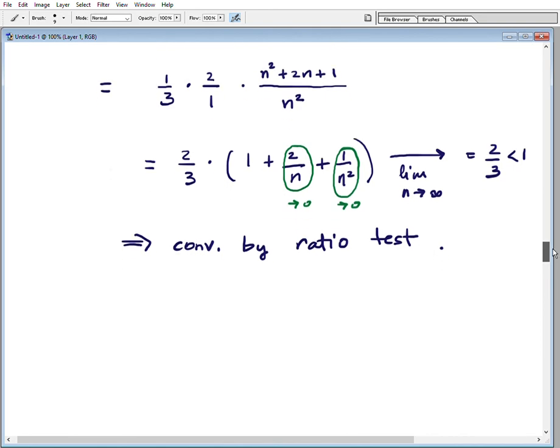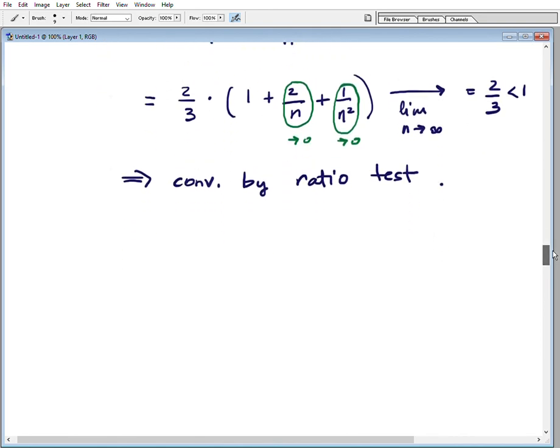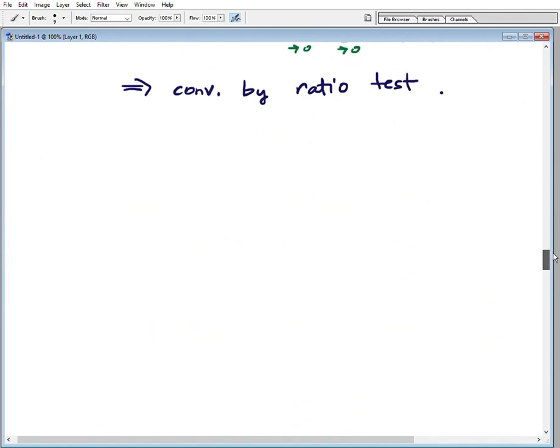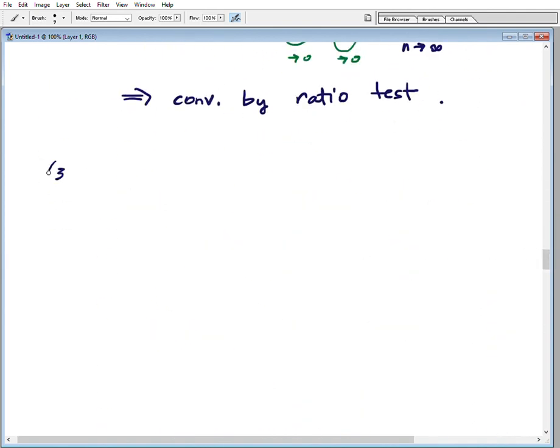Let's do one more example. This one's also from the book. Let me see what number this is. Number 3. This is n to the n over n factorial. What do you guess, converge or diverge? Any guesses?